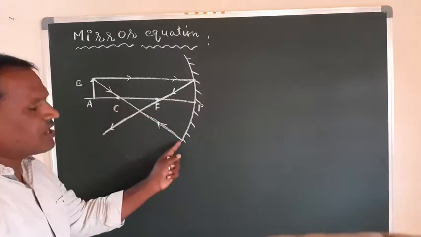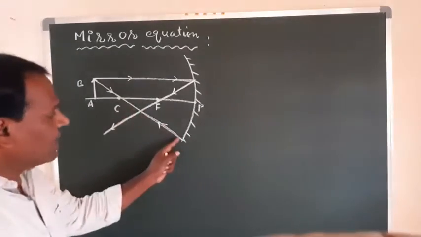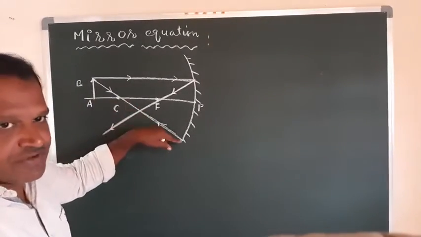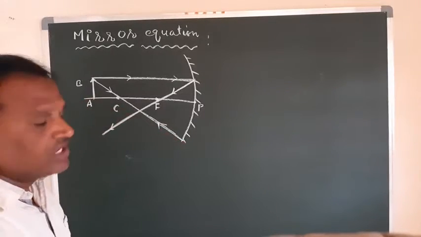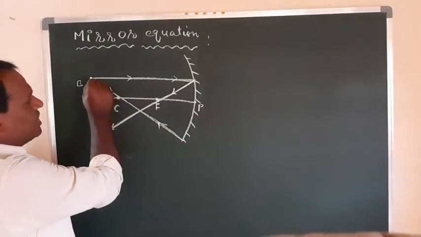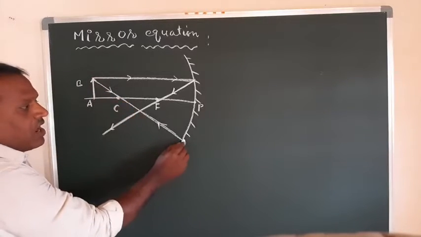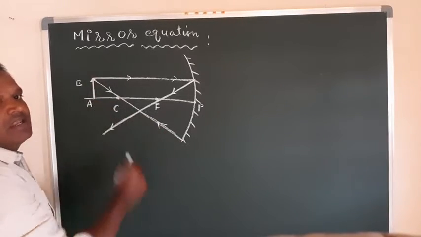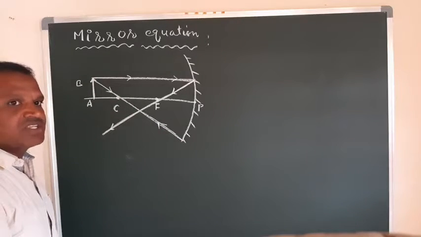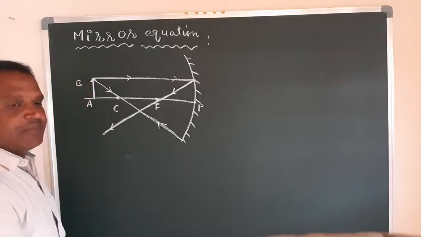It is nothing but normal incidence. As with the plane mirror, for normal incidence on any surface the ray is reflected in the opposite direction. Same way here, this ray from the object, drawn through the center of curvature, after interacting with the mirror retraces back in the opposite direction to the incident ray. So I represented two rays here.